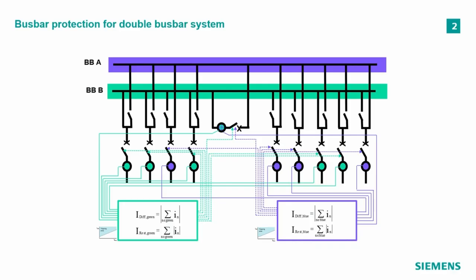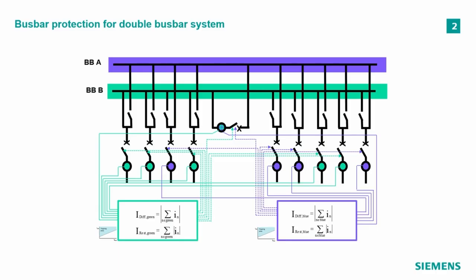And I have indicated this in this diagram. In the current transformers indicated with these circles on the lower part, I have indicated by color to which busbar the feeder is connected. So you see the 2 leftmost feeders are connected to busbar B, to the green one. Then the third one is connected to the purple busbar, and so on.